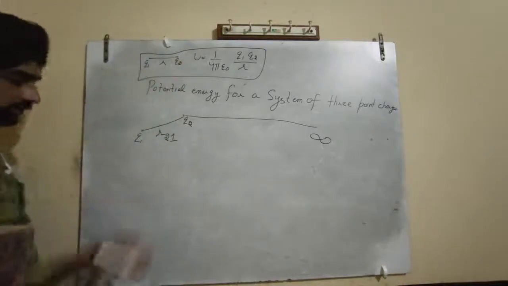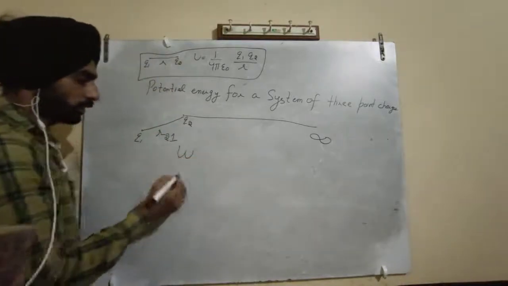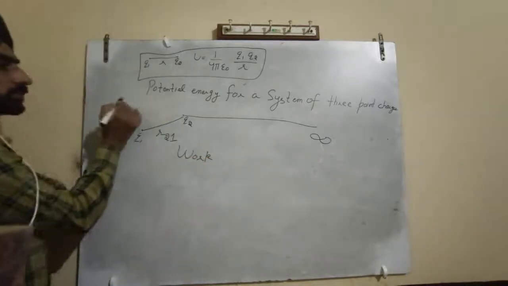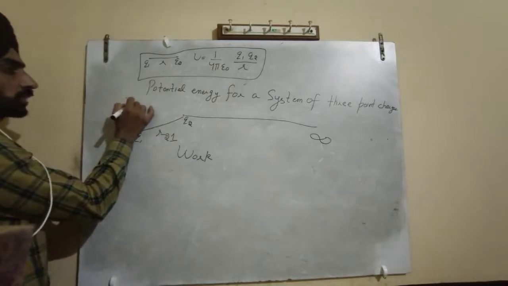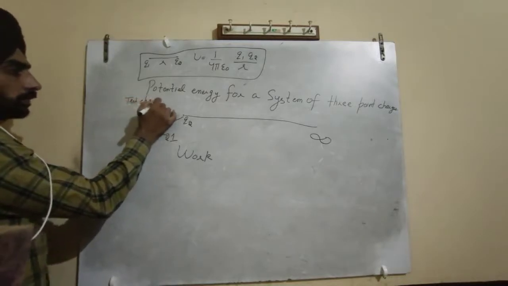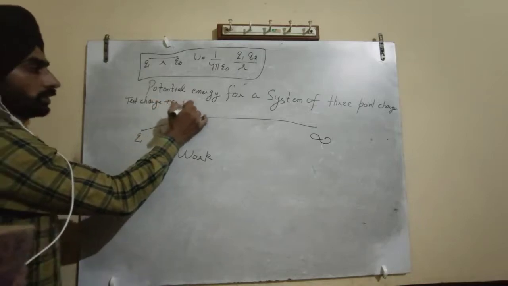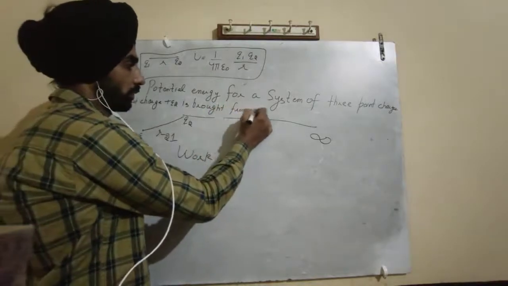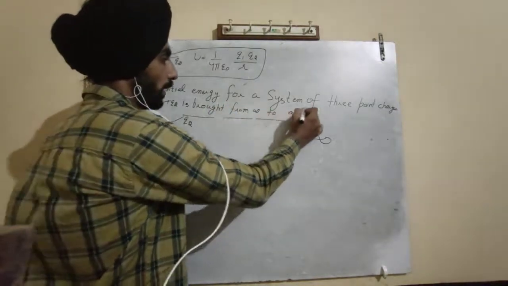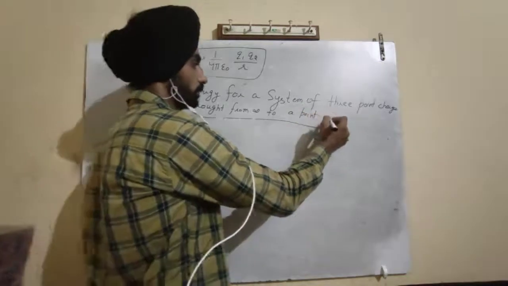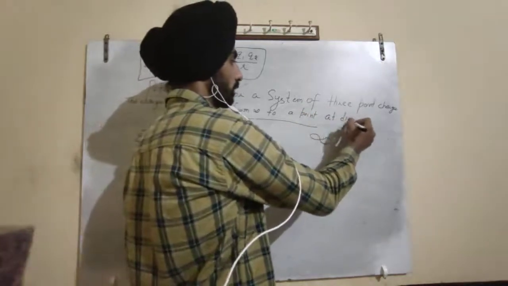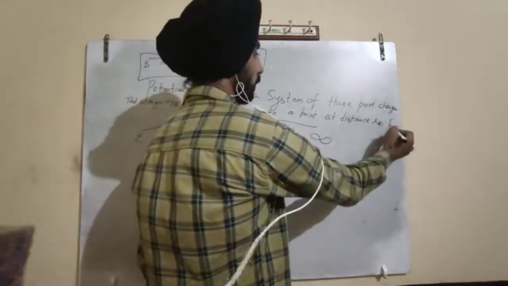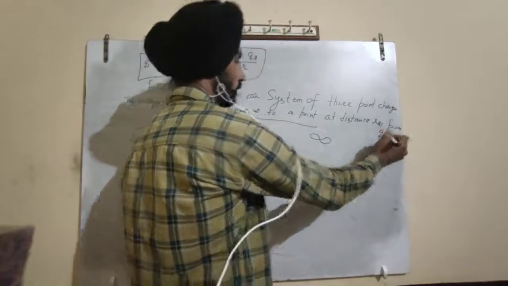So what is the work done? You have already calculated it. You can mention: charge plus Q2 is brought from infinity to a point at distance r21 from Q1.